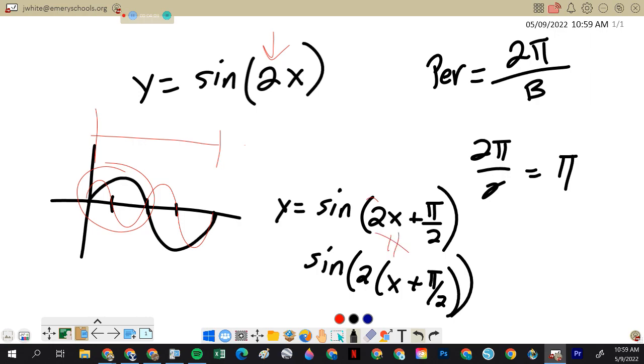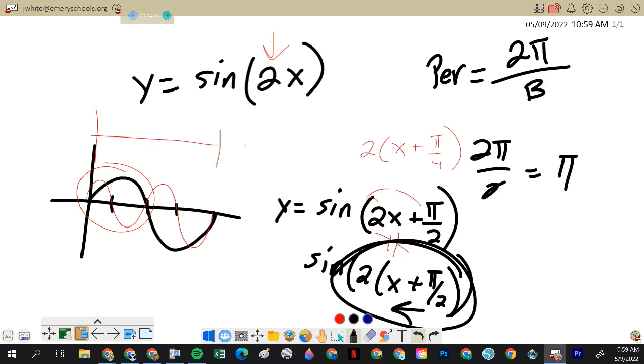And if I pulled a 2 out of this, it would actually be 2 times x plus pi over 4. So this one means you cut the period in half and you move left pi over 2. But this one actually means you cut the period in half and you move left pi over 4.